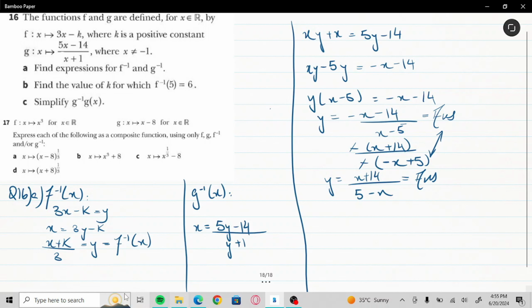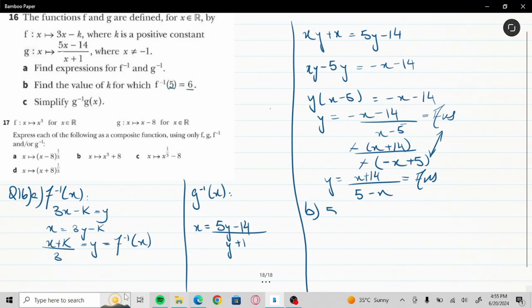Okay. So that's for question number 16, part A only. For part B, what have they told us? They have told us to find the value of k for which the inverse of function f at 5 is 6. They're telling us if we input 5 in the inverse of the function f, we get 6. So again, we know x plus k upon 3 is the inverse of function f.